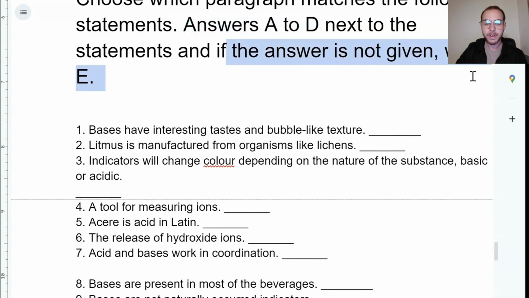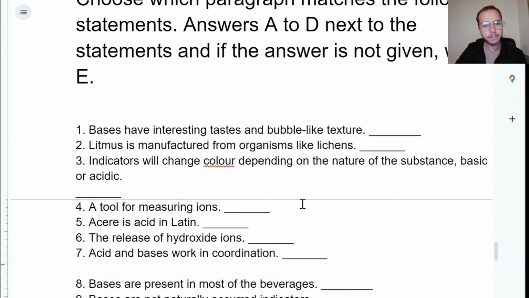And if the answer is not provided in any of the paragraphs, you just write E for not there, not available, perhaps. Now, what we're first going to do is read questions 1 to 9, highlight some keywords that you might find above. So first one is bases have interesting tastes like bubble-like texture.